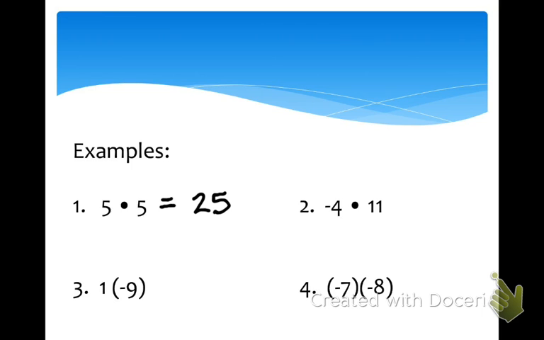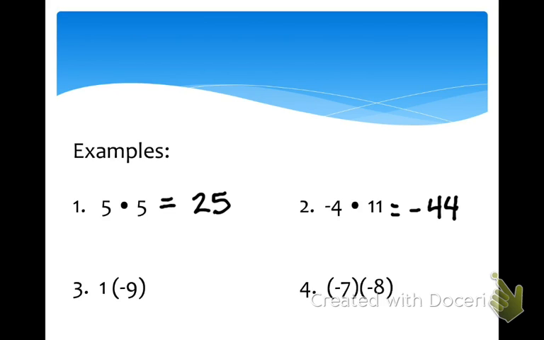All right, next one is negative 4 times 11. Well, I have a negative times a positive, so my solution is going to be negative. And then I'm going to do 4 times 11 like normal. That gives me 44. So my answer is negative 44.